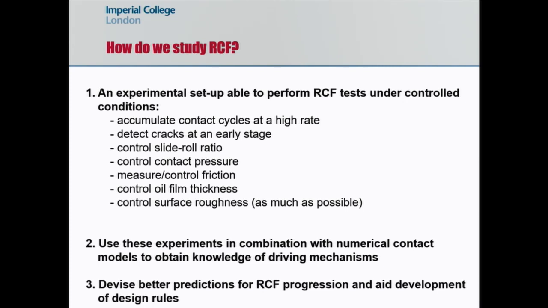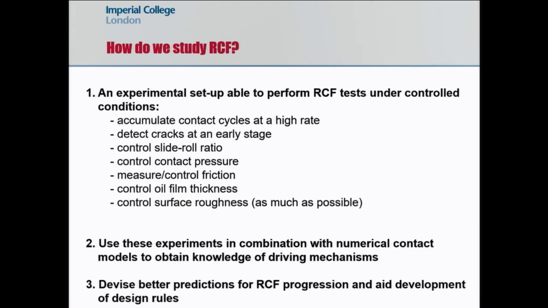The second thing, rather than testing to pitting when the component has failed, what we really want to do is look at shorter cracks and how they actually progress to cause that pit, because it's the only way we're going to be able to predict that remaining useful lifetime. And then we want to control contact conditions, so some of these might make sense to you: slide-roll ratio, contact pressure. Measure friction, if possible, control it by changing the conditions, control surface roughness as much as possible, and so on and so on.